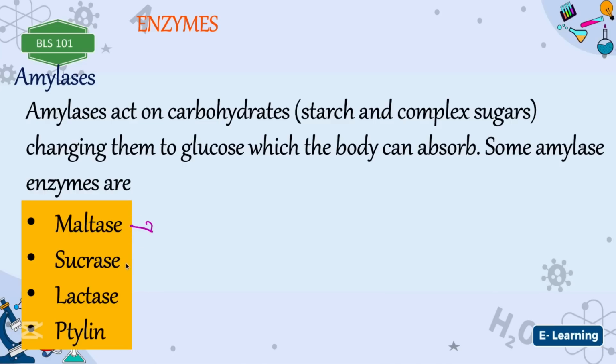Sucrase breaks down sucrose into glucose and fructose. Lactase breaks down lactose into glucose and galactose. And of course, ptyalin is a salivary amylase that breaks down complex food in the mouth into simpler food like dextrin, dextran, and so on and so forth. All right. So that is that.